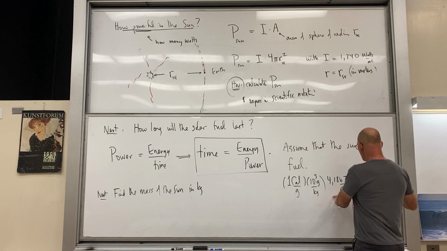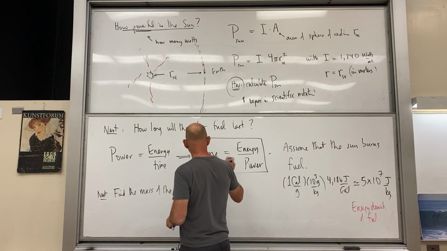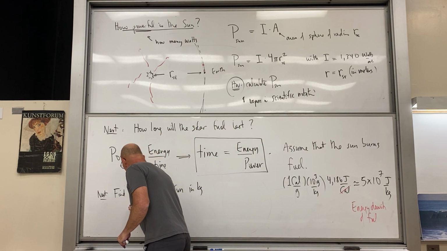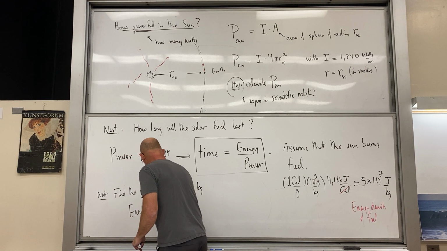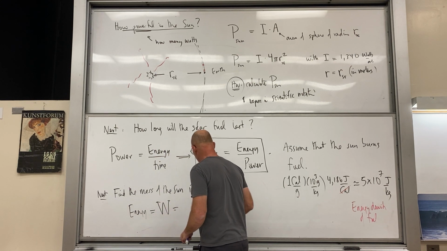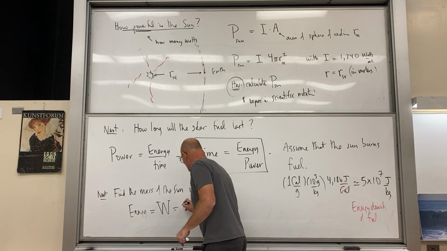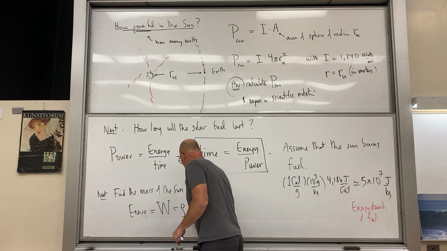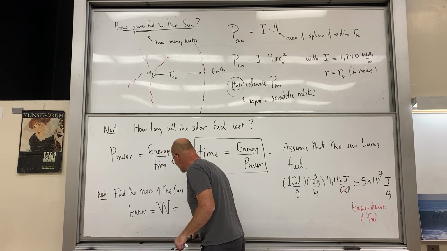But just to put this problem together here, the energy, we're going to call it W, because we like to use the letter W for work, it's going to be this energy density. I'm going to call it rho. I'm going to write this out in words for you.